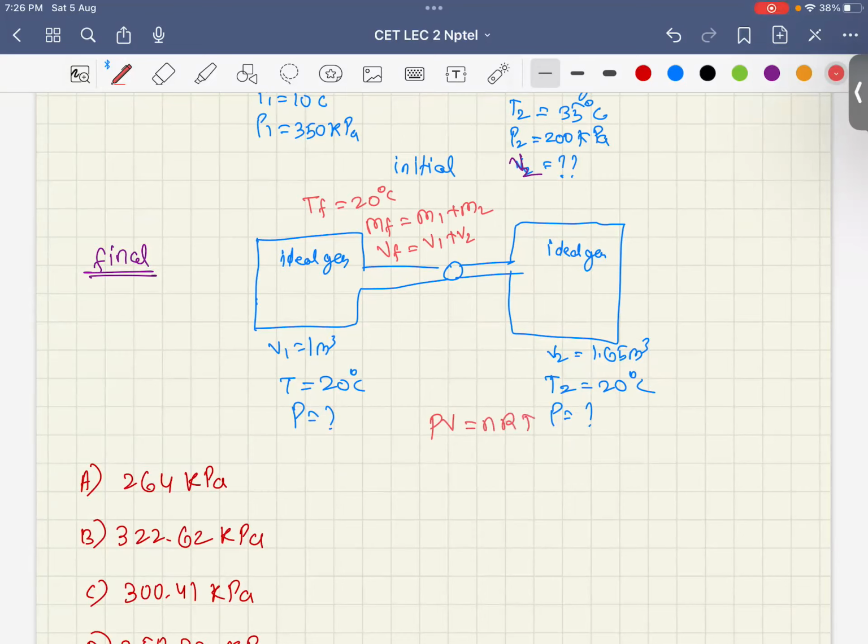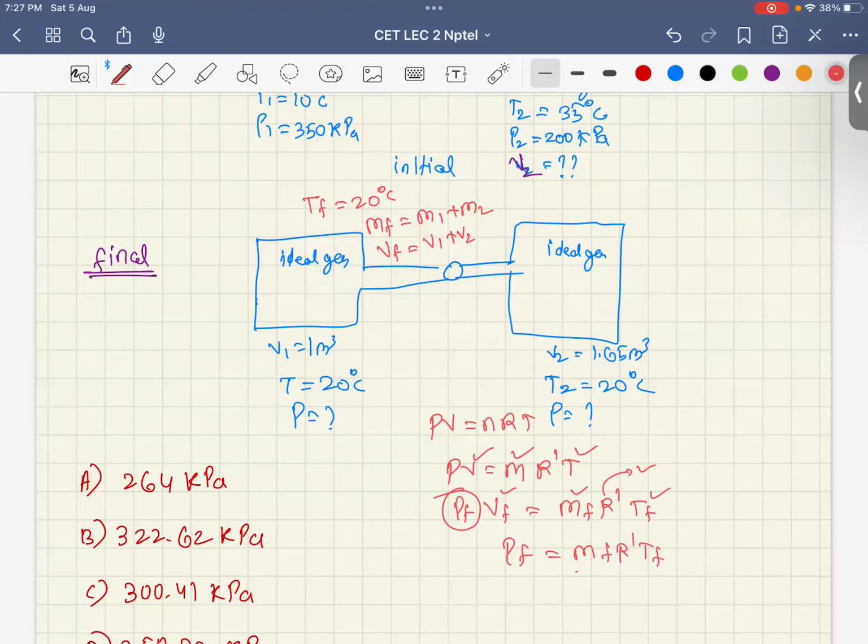PV is equal to nRT, or PV is equal to mR'T, right? For example, it's going to be PF is equal to mfR'TF. So you know TF, you know VF, you know mF. R' is anyway a universal constant, so you can calculate PF. PF is going to be mfR'TF divided by VF.